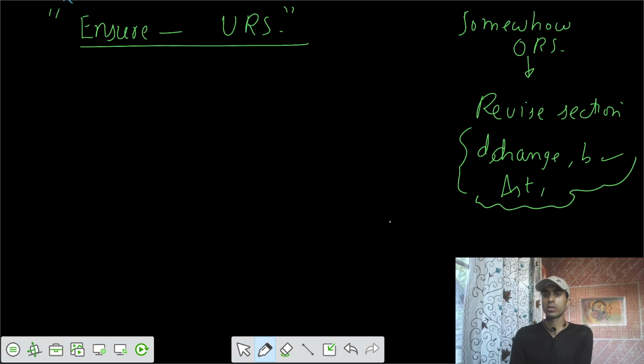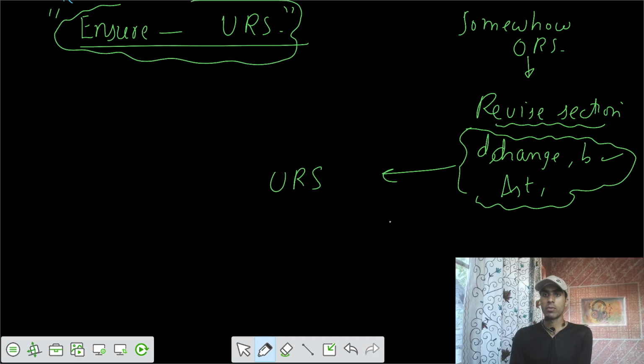We have to change those section dimensions and steel area such that it comes back to an under reinforced section. If somehow there is an ORS, we should revise that section, change depth D, change B, AST, accordingly, any of that data, such that it becomes an under reinforced section.